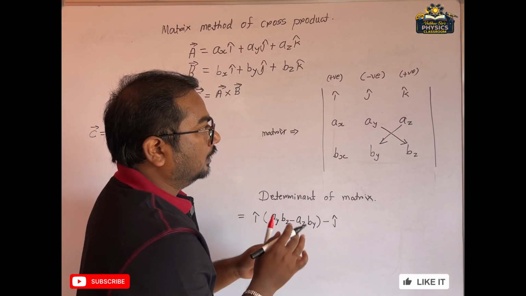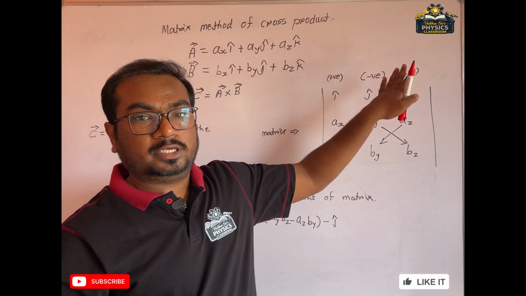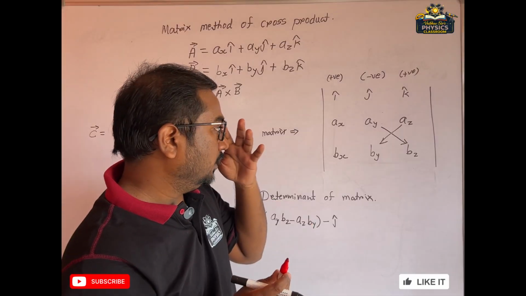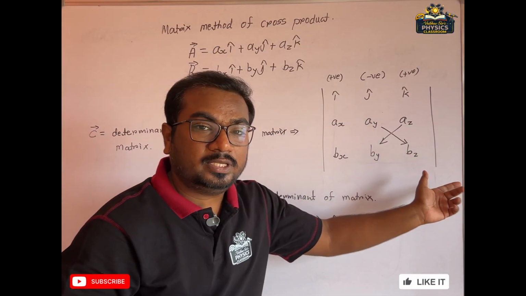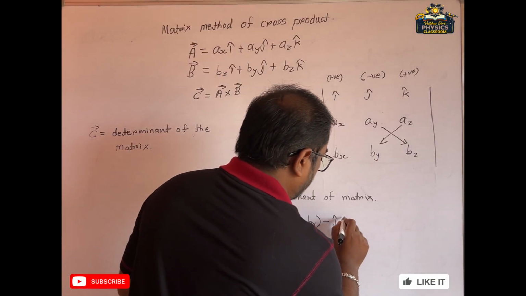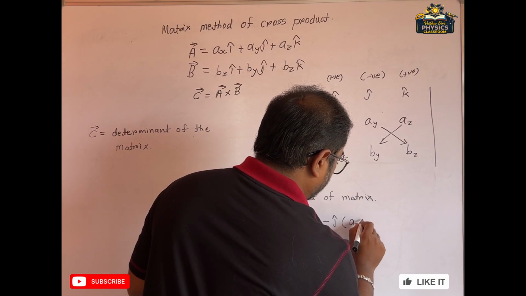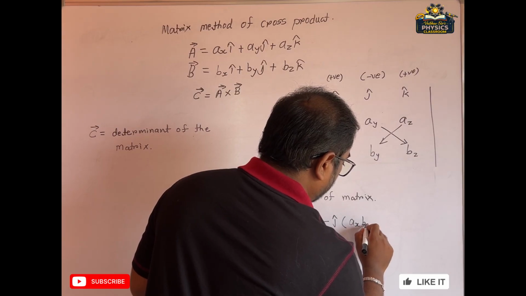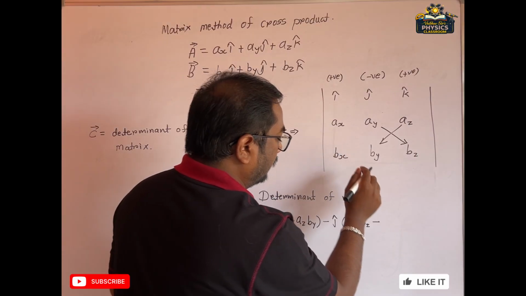j cap. Again we have to leave the column and row of j cap, and we have to take the remaining four values. It's like that: ax, az, bx and bz. That means ax multiply bz minus az multiply bx.